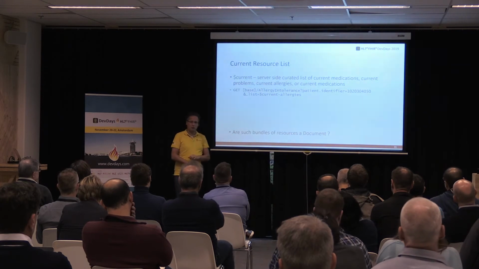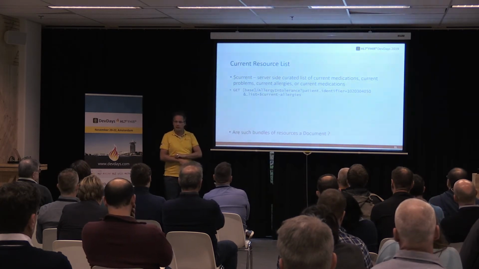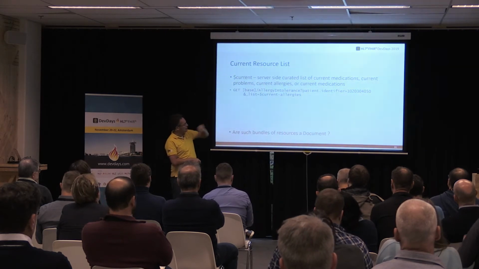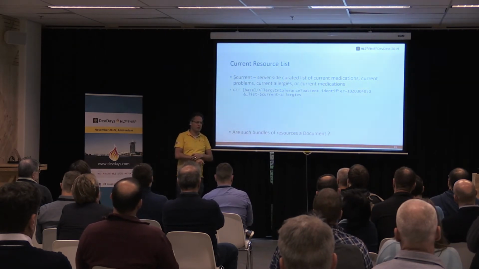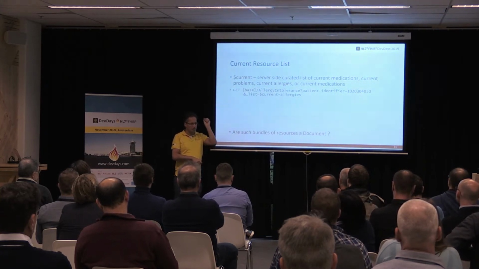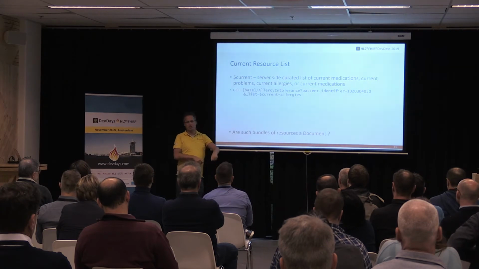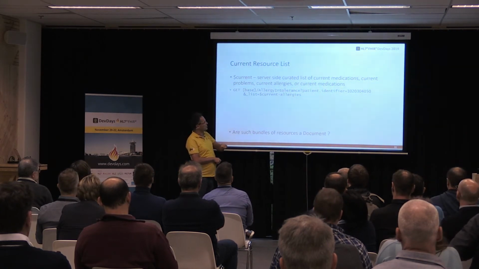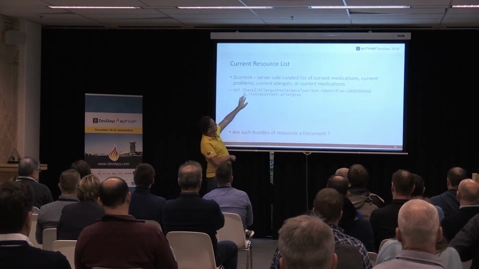In FHIR, we have the function of retrieving the current list. Give me the current list of allergy intolerances. That's always a very relevant question in clinical practice. What are the current allergies? What are the current medications? What are the current conditions that this patient has? Okay, so there is a way to support this.